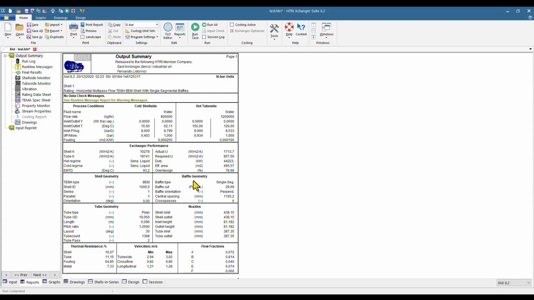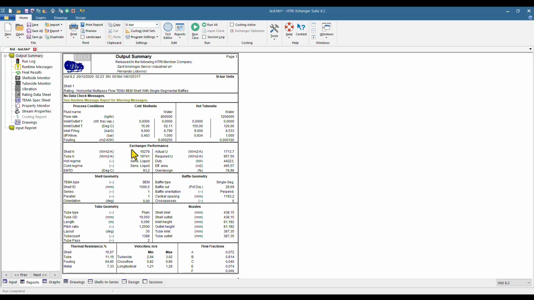So increasing the number of tube passes or reducing the size of the exchanger would mean to go out with the pressure drop on the tube side. So the best possible solution is to reduce the length of the exchanger in order to reduce the surface without affecting the pressure drop, because if we reduce the length of the heat exchanger, certainly also the pressure drop will decrease, at least the tube side pressure drop.